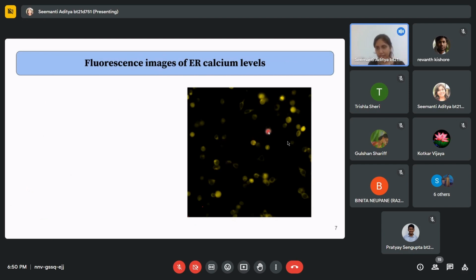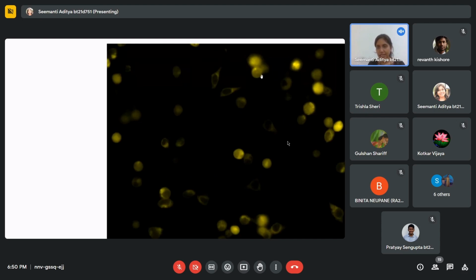Here one thing I want to mention is the cells which are rounded. You can see some rounded cells over here, where the fluorescence intensity is not a gradient. For example, in this cell you can see the nucleus is not colored, and on the side we have yellow color.